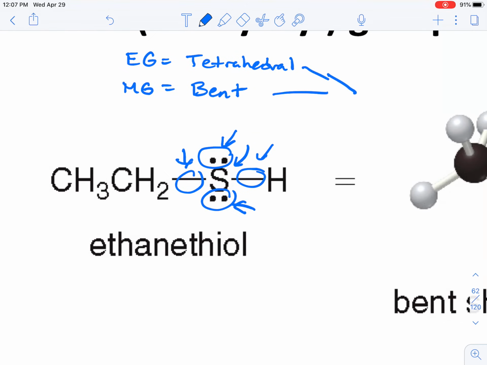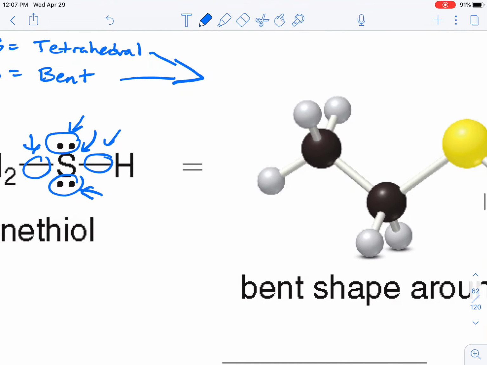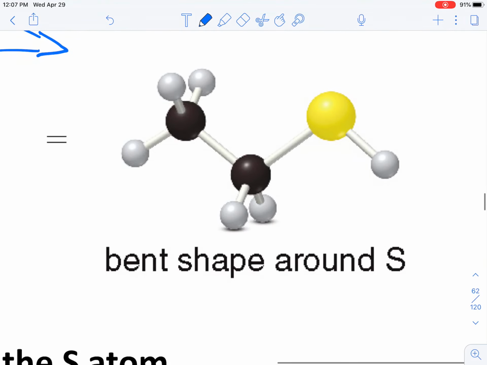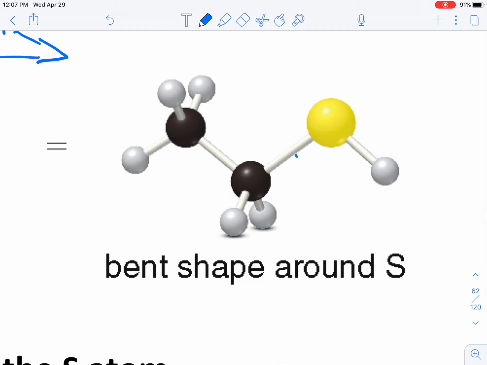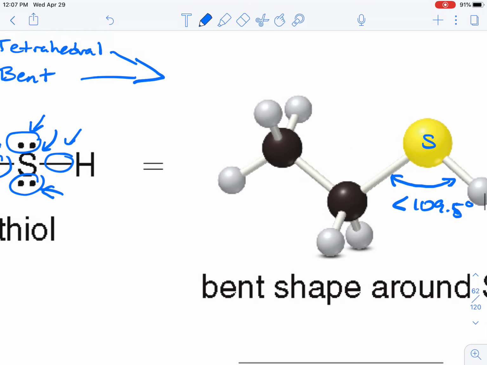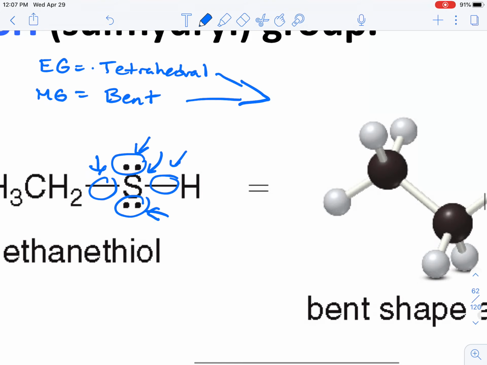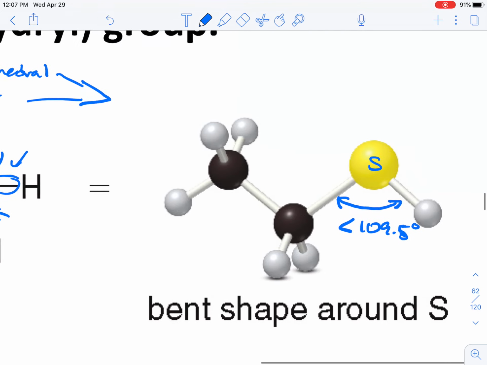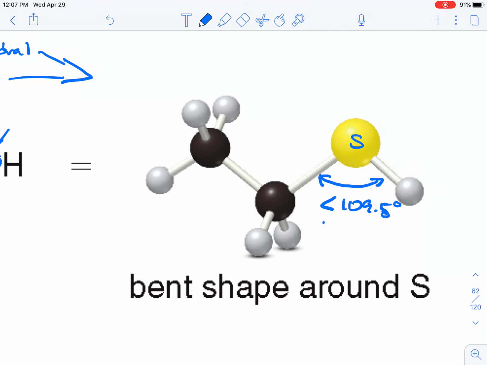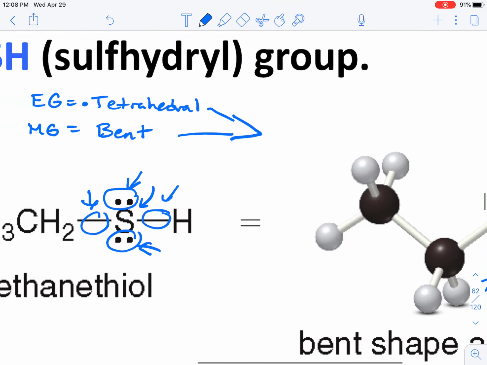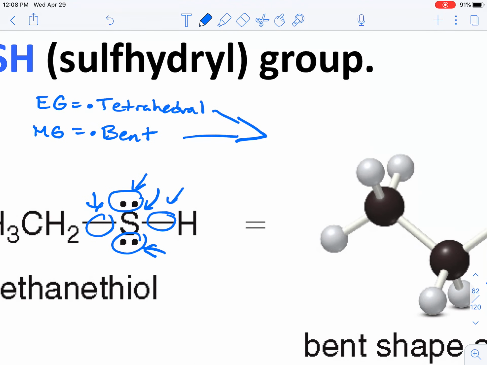And so taking both of these items into consideration, we can determine that the angle with respect to sulfur is going to be less than 109.5. The reason why it's 109.5 is because that's the bond angle for tetrahedral geometries, and it's less than 109.5 because our molecular geometry is bent.